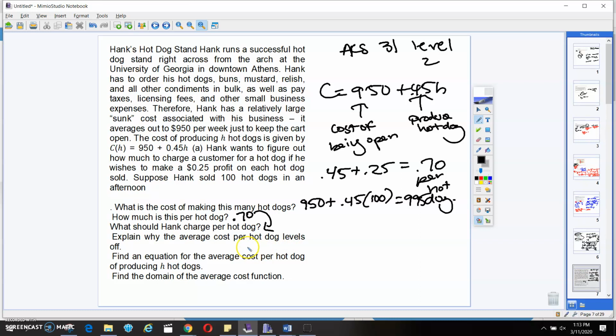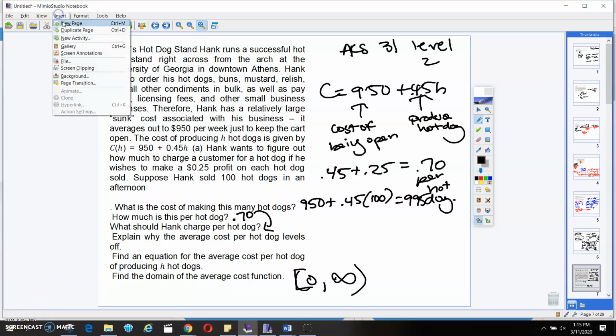And for finding the domain, how many hot dogs could he sell? He could sell infinitely many, right? But he could also sell 0 hot dogs. He'd be in the hole. He'd probably go out of business. But he could sell 0 hot dogs.